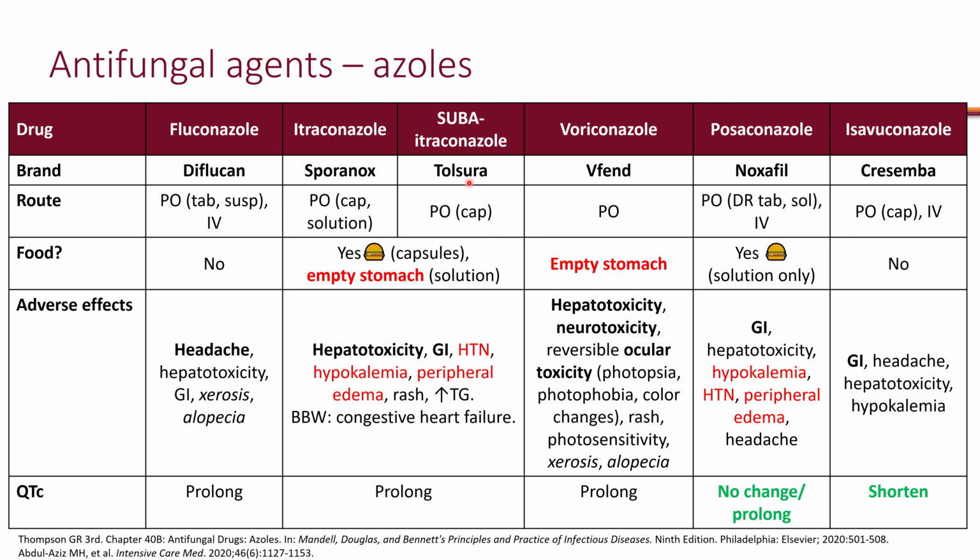In general, with the older formulation, because there is a new formulation called SUBA-itraconazole, and SUBA essentially means supra-bioavailable, so they increase the bioavailability in this formulation. So this one is relatively new and therefore more expensive. So the more affordable one is the older formulation, which had limited bioavailability.